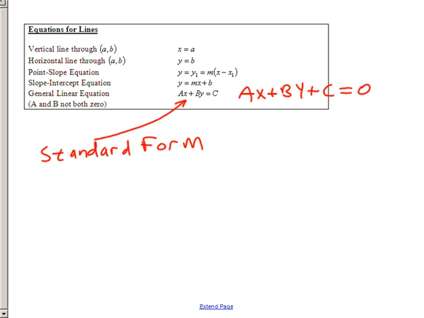If we're solving the equation of two lines, two equations and two unknowns, a system of equations, we generally put it in standard form before we use elimination. One thing to remember about both general and standard form, there should be no fractions, so clear out all fractions when you put it in these two forms. No fractions. And secondly, you need to make sure that A is positive.